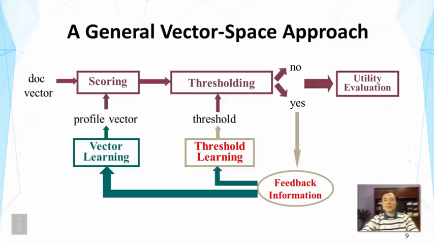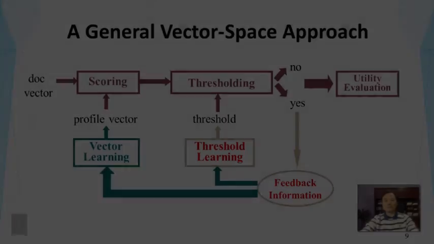And then this score will be fed into a thresholding module that would say yes or no. And then the evaluation would be based on utility for the filtering results. If it says yes, then the document will be sent to the user, and then the user could give some feedback. And the feedback information would be used to both adjust the threshold and to adjust the vector representation. So the vector learning is essentially the same as query modification or feedback in the case of search. The threshold learning is a new component that we need to talk a little bit more about.